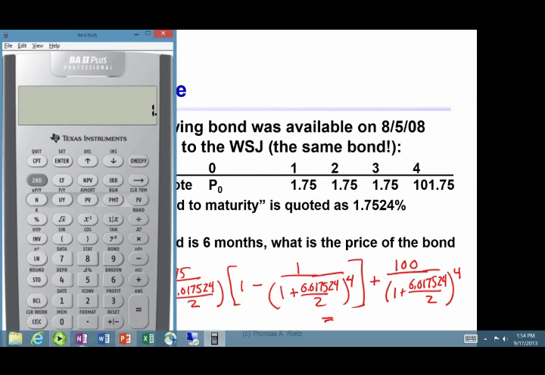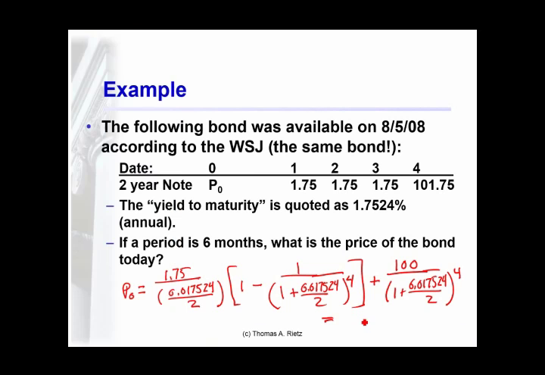In percentage form, it's 1.7524. Remember, your calculator always takes percentages. This is the annual rate. The periodic rate will divide this by 2. So the interest rate we'll put in as 0.8762, half of the annual rate. Compute the price, 103.42.